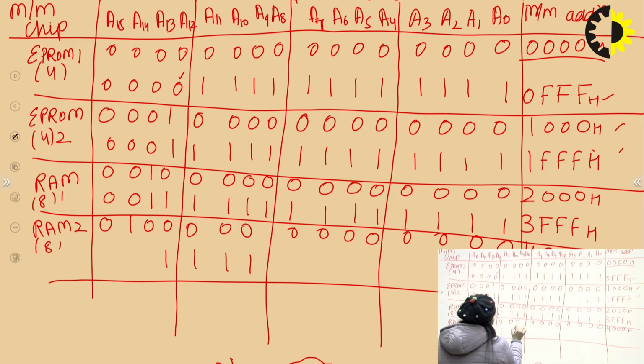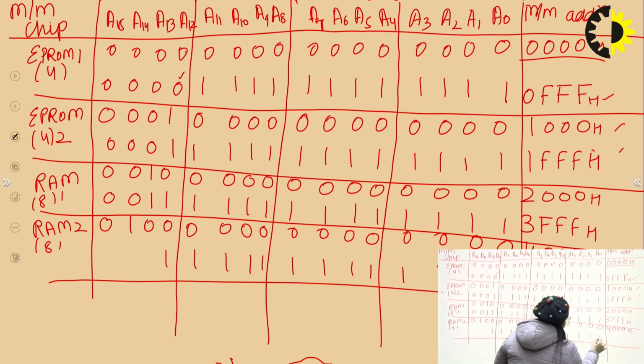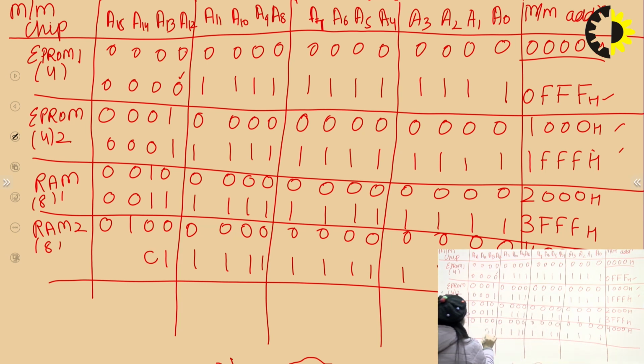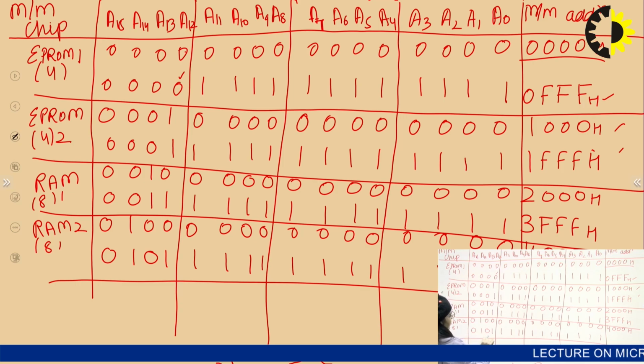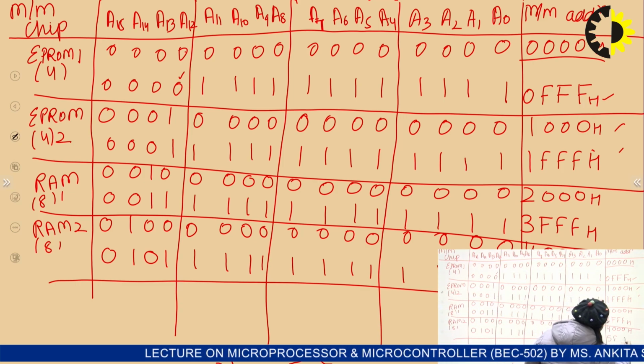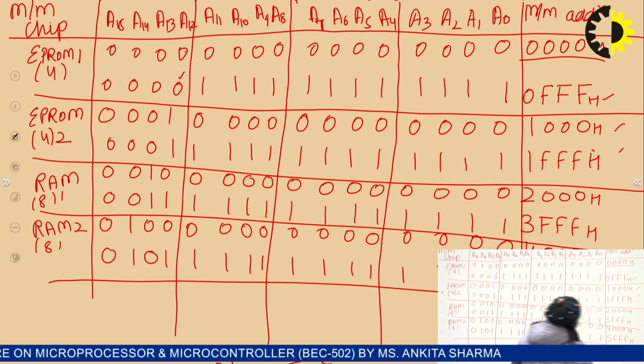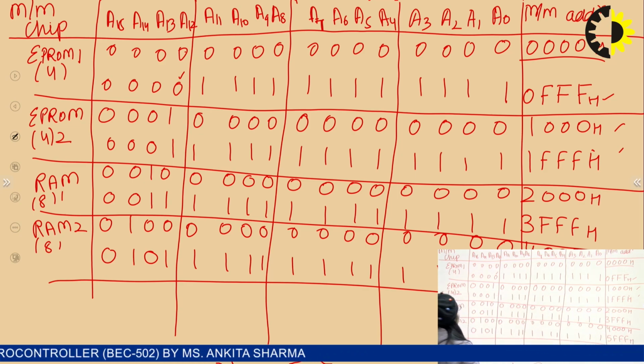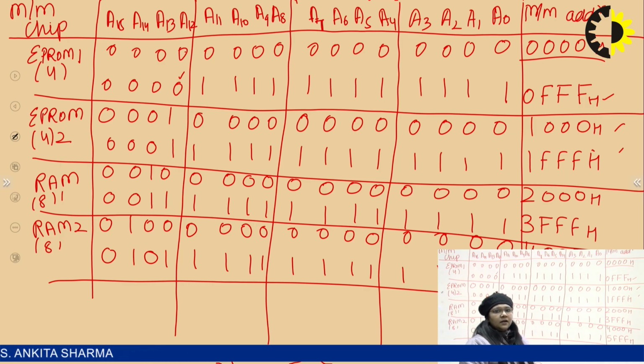And we will put the remaining numbers as it is. Remaining will be same. Like this. So this is 5FFF. So this is the range for EPROM 1, 2, RAM 1 and RAM 2.